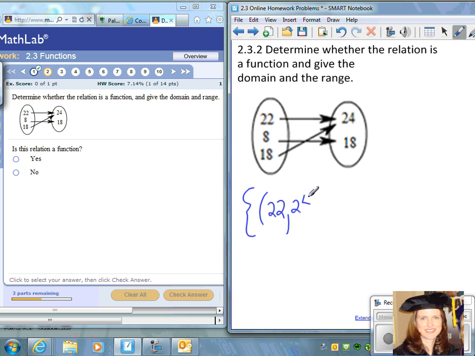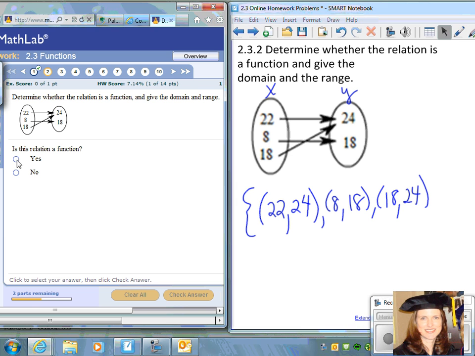That's your y value, 24. 22, 24 is a point that's in the relation. 8, 18 is a point, and 18, 24 is a point. So you see that each of these x values maps to a y value. There's no single x value that maps to two different y values. So we say this is not a function. I'm sorry, this is a function because you have no repeated x values.